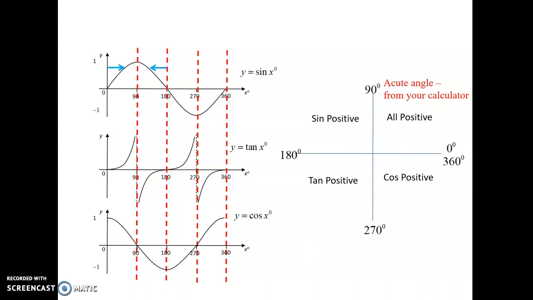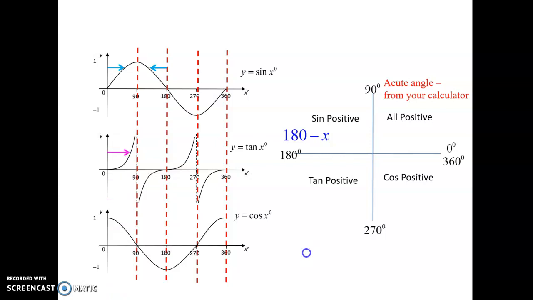Our second answer, if you look at the sine graph just now, however far we go in from 0, we need to go the same distance in from 180. So to get an answer in this quadrant, when sine is positive, we want to do 180 take away x.